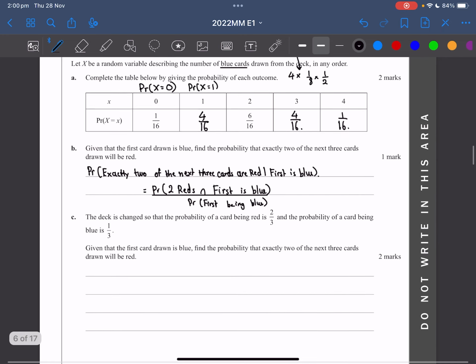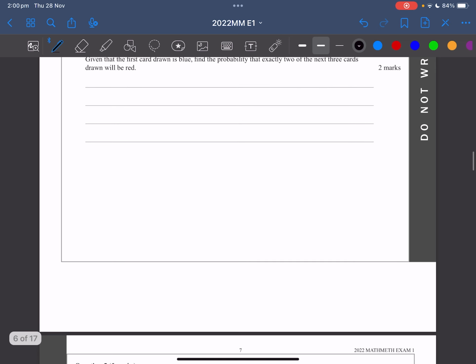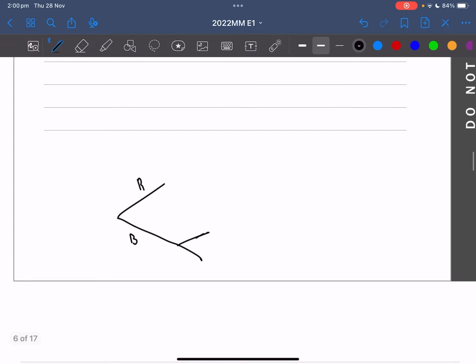Now you can simply solve it by using this information, or what I usually prefer to do is draw a tree diagram so I have a visual in front of me, and that makes my life a lot easier. Let's try and draw a tree diagram here. We only look at the first being blue, so we don't have to worry about the red here.